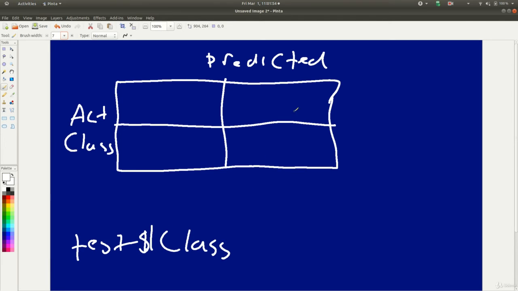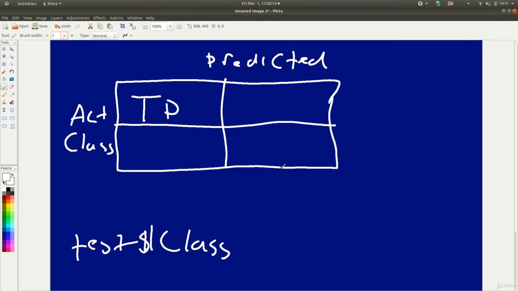That'll be what it is. And the predicted values will come when you use the predict function in R. So when the actual class and the predicted class from the predicted model agree, we call it a true positive. And generally they're in the upper left-hand corner like this.